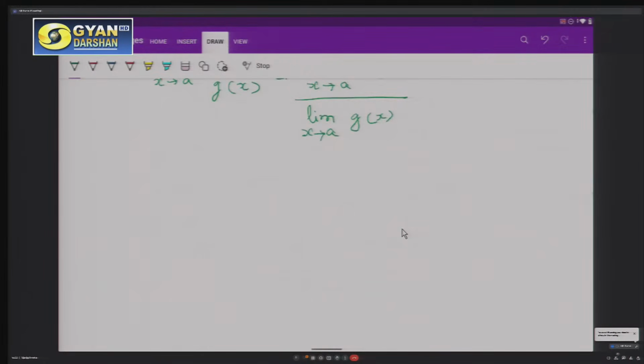Now if you take the nth root, limit x tends to a nth root of f(x), it will be equal to first you take limit x tends to a f(x) and then you take its nth root.